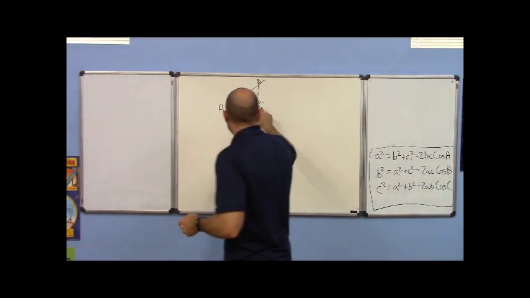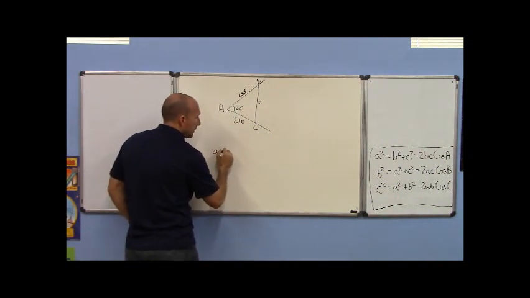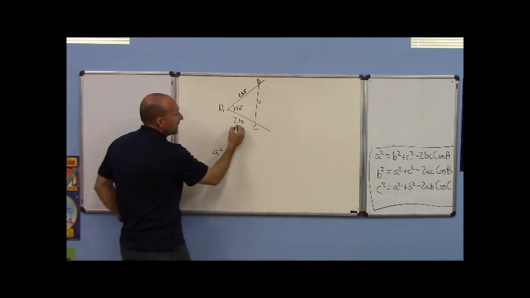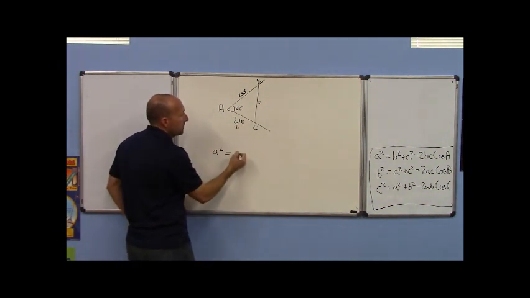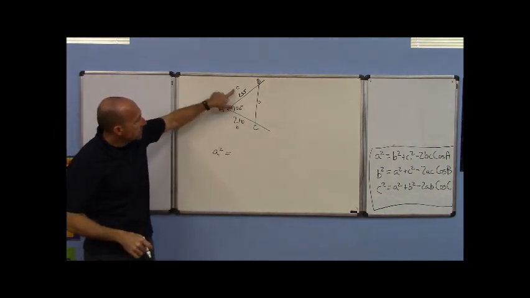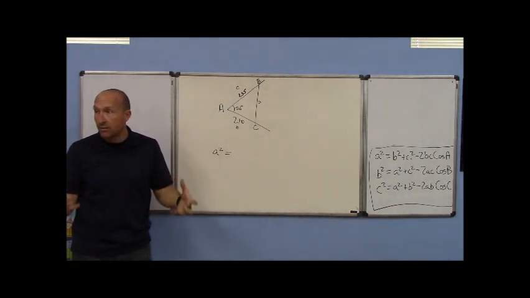So, because we're trying to find that, we will have a squared equals. Now again, until you're absolutely used to it, let's go ahead and mark all of our sides appropriately, with lowercase c being across from angle C, so that we don't get confused because it's a lot of writing.